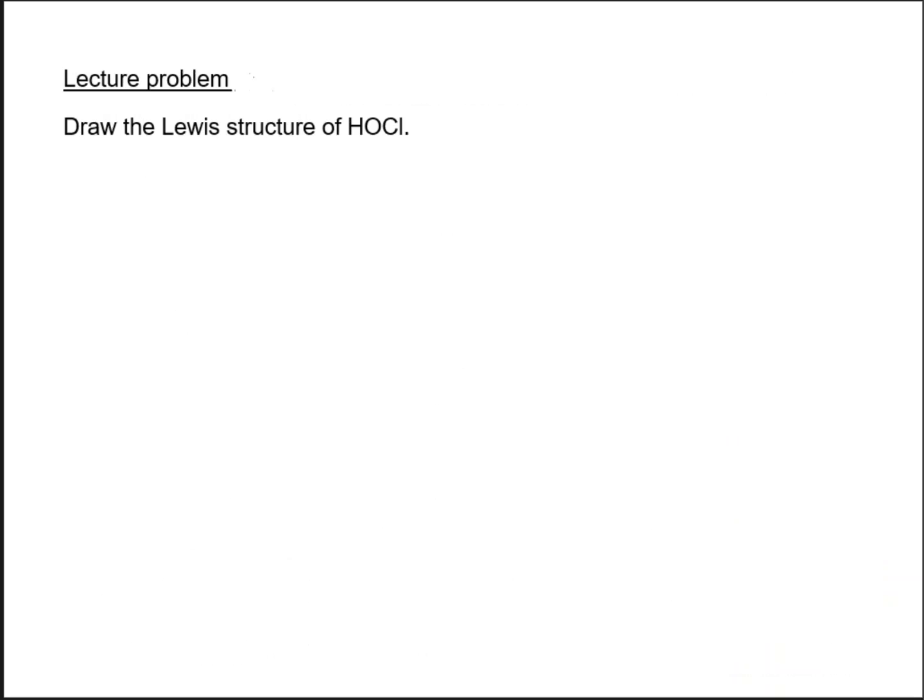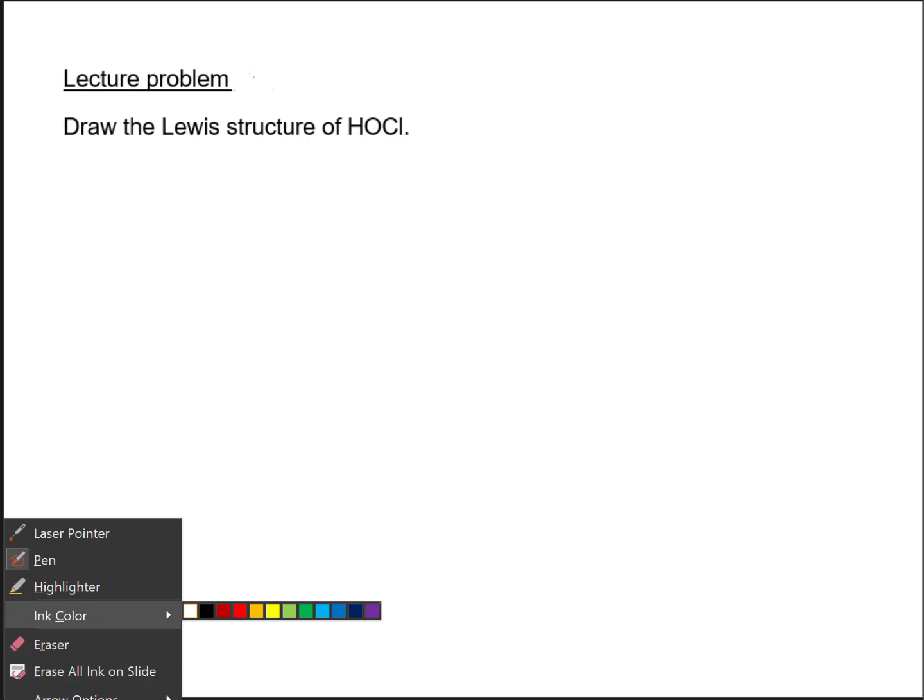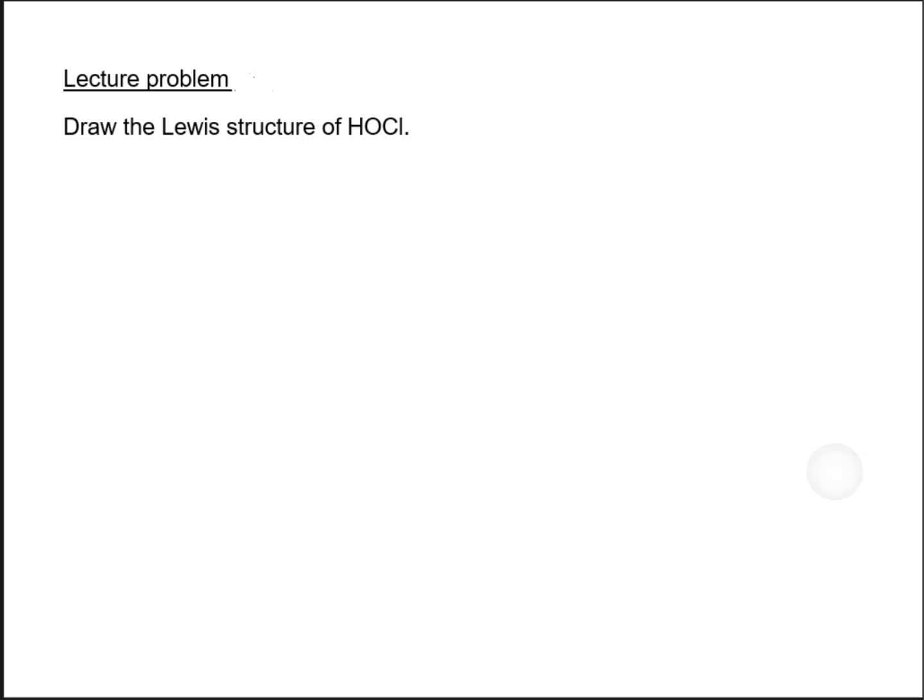Now let's look at the steps that we use in order to draw the Lewis structure of covalent compounds. So let's say that you want to draw the Lewis structure for HOCl. Step 1 is counting the total number of valence electrons available.